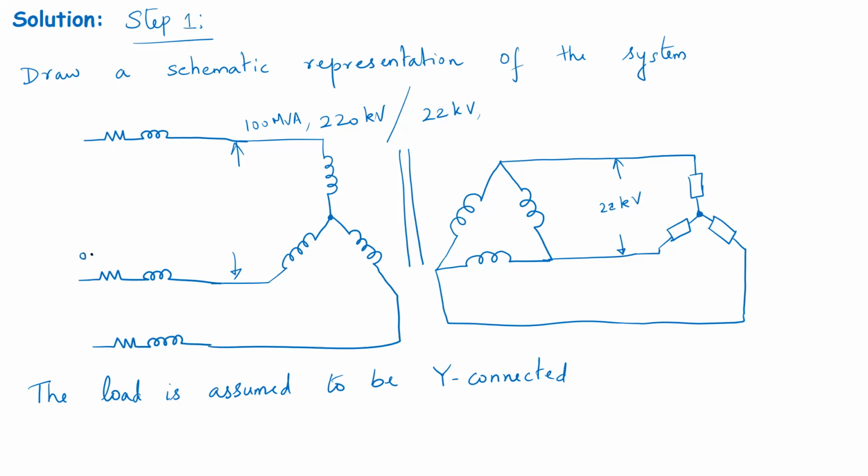So this is 0.5 plus J1 ohm. Because it's plus J, I'm using an inductive drop or inductive reactance. If it were minus J, I would have had a capacitor in series. Okay. So 0.5 plus J1 ohms.